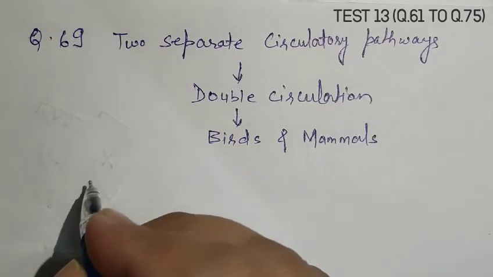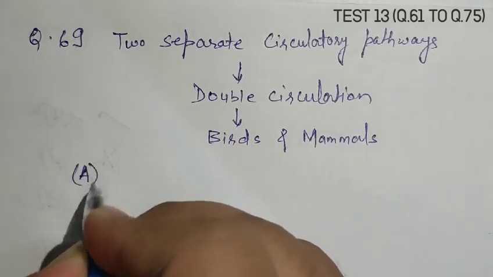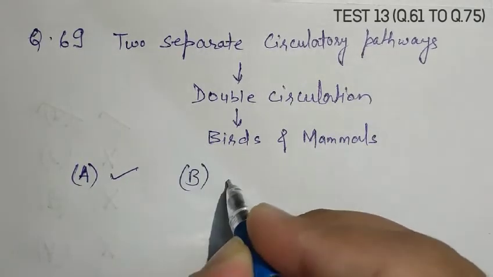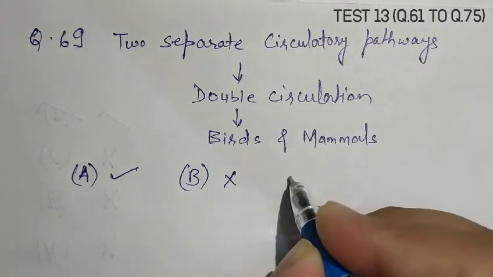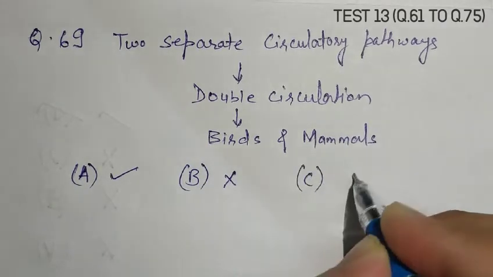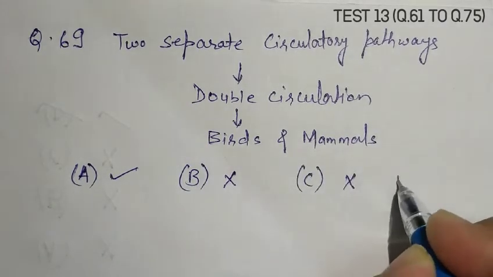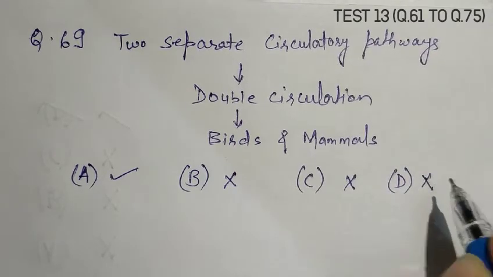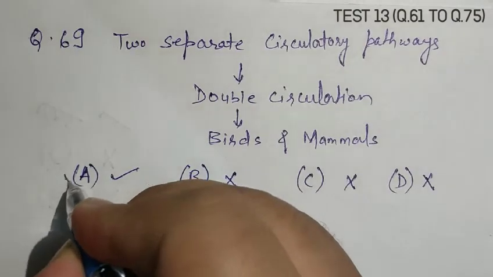So option A, whale, it is a mammal, it is a correct answer. B, shark, it is a fish. C, frog, amphibian, it is also wrong. D, lizard, it is a reptile, it is also wrong. So the correct answer is A, whale.